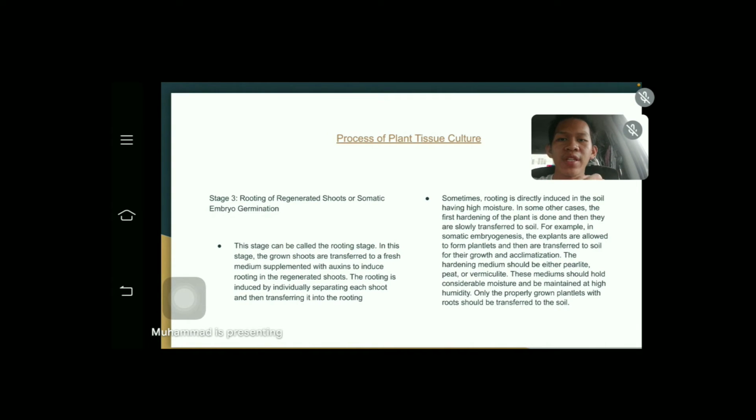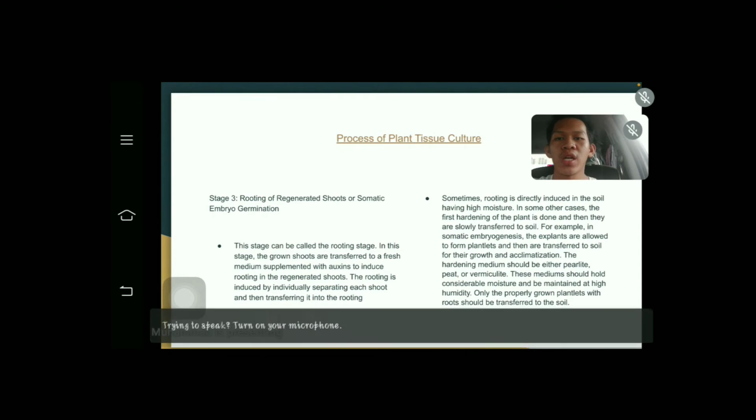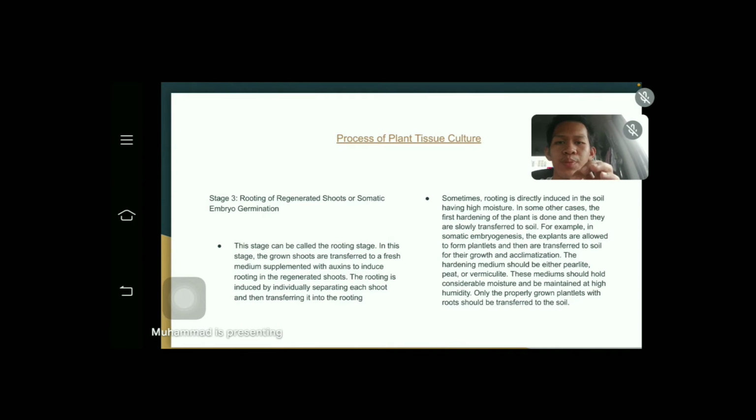and acclimatization. The hardening medium should be either perlite, peat, or vermiculite. This medium should hold a considerable moisture and be maintained at high humidity.